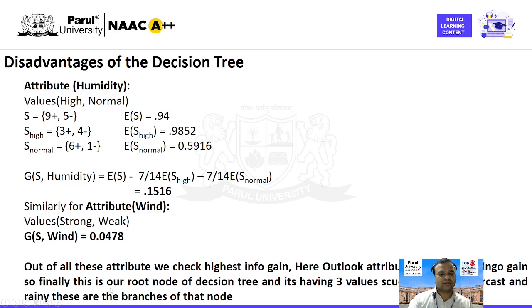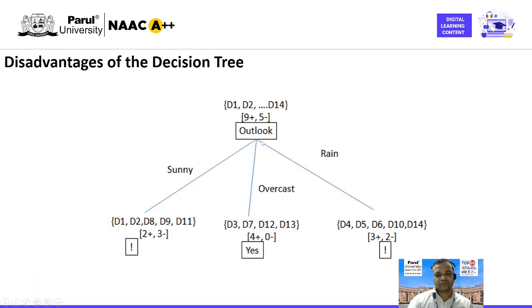So finally, this is our root node of the decision tree, and it has three values, sunny, overcast, rainy. These are the branches of that node. Got it? So outlook: how many say positive? 9. And how many say negative? 5. There are three conditions, sunny, overcast, rainy.